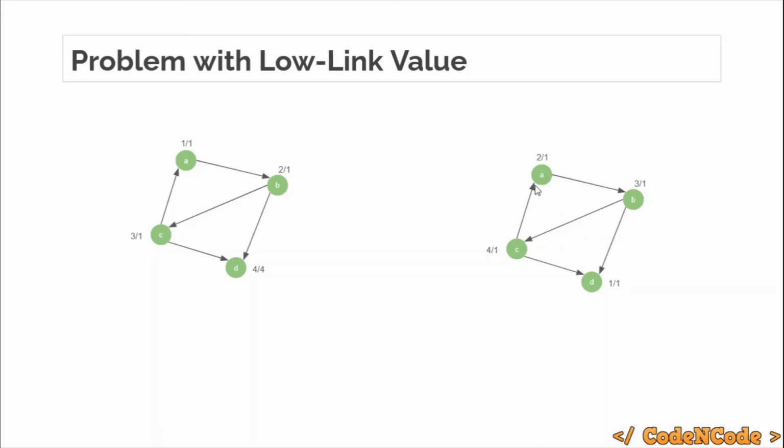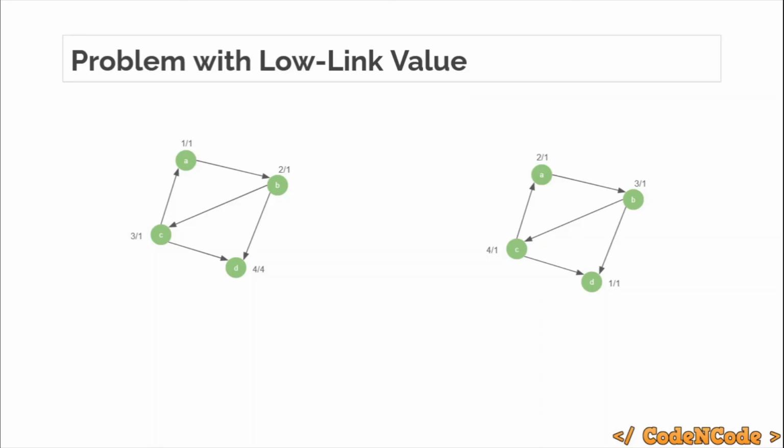Again, 2 nodes which are not in the same SCC have the same low link value. Take any node from this SCC and this one, like C and D. They do not belong to the same strongly connected component, but still their low link value is the same. This is the problem with low link value, and that is where Tarjan's algorithm kicks in.